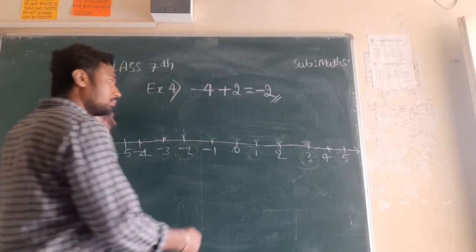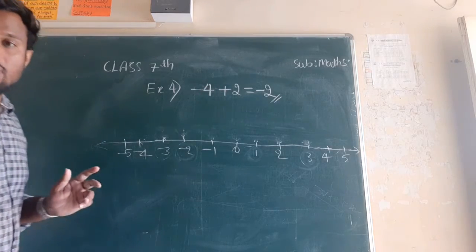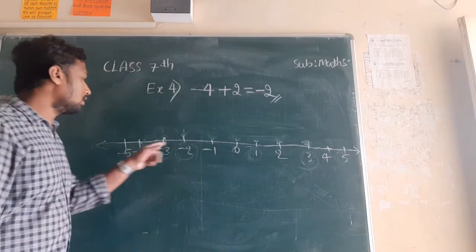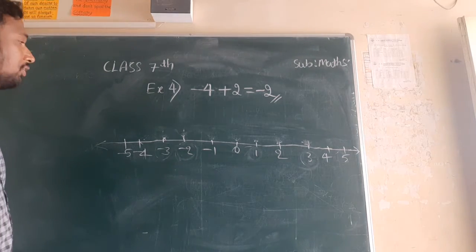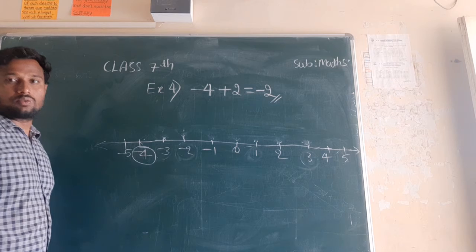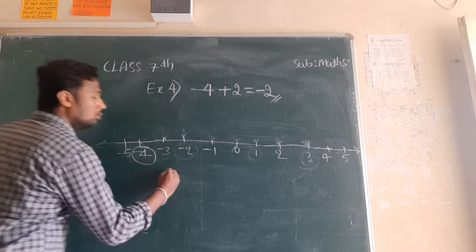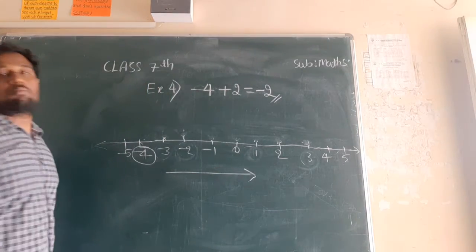So here minus 4 plus 2 means first I have to represent minus 4 on this number line. Where we have minus 4, you can see here. This is minus 4. So minus 4 plus 2. Plus means you have to add. So when you are adding on this number line, you just have to move in the right direction of the number line.